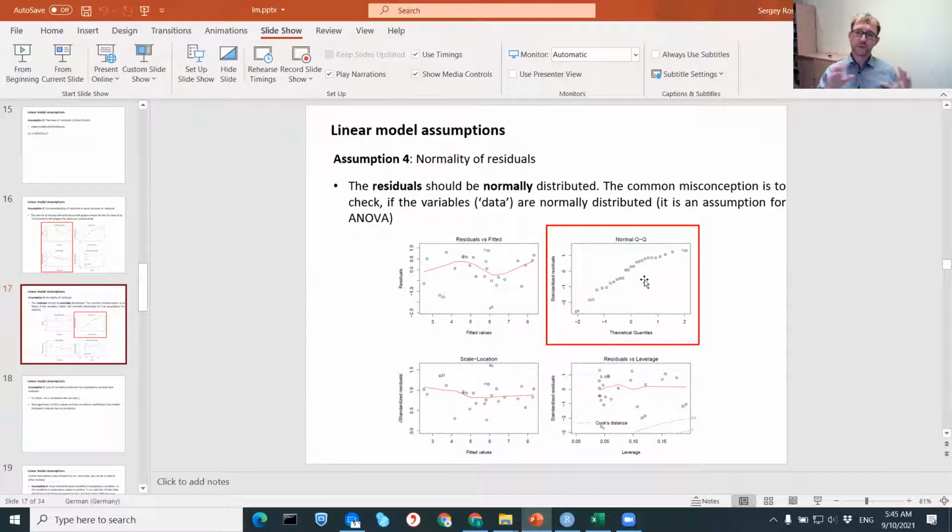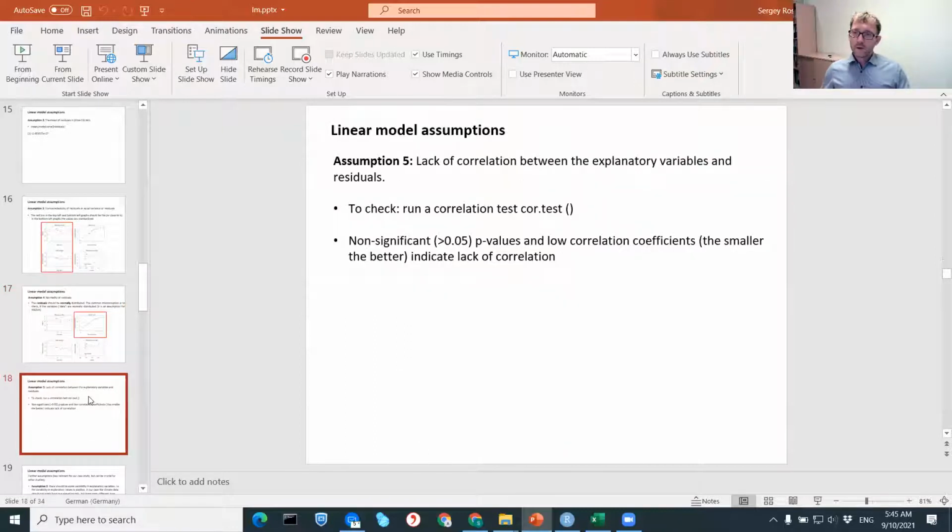Before you compare two groups using ANOVA, you check whether the data are normally distributed, and if yes, you go ahead. But in linear models, it's very different. The error, the residual, should be normally distributed, and you can see it here in this residual plot.